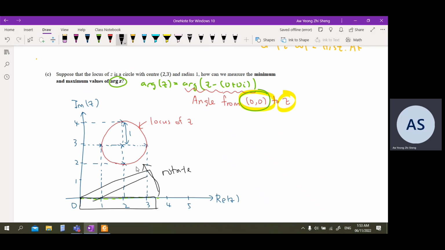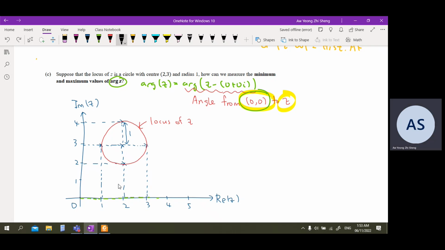The first time your ruler touches the circumference of the circle, that is the direction that will give us the minimum value of argument z.